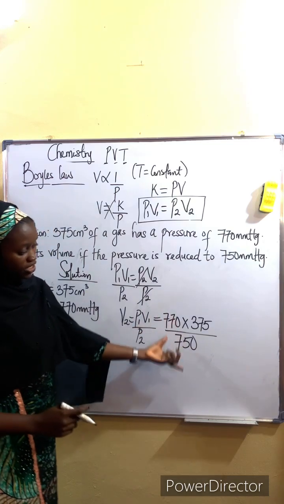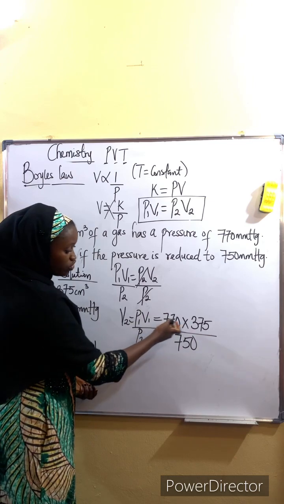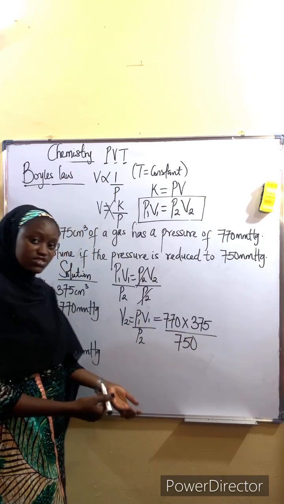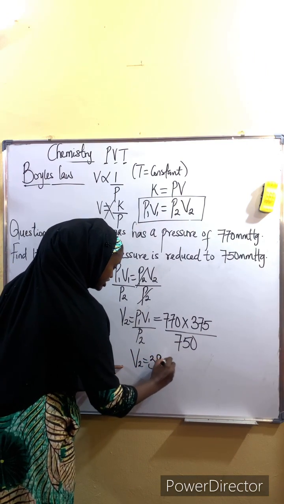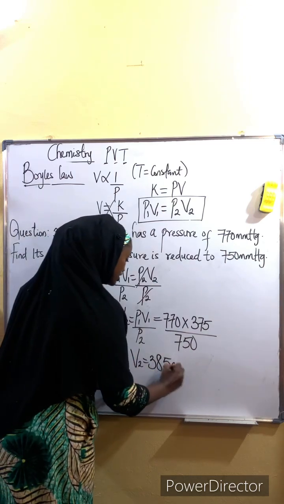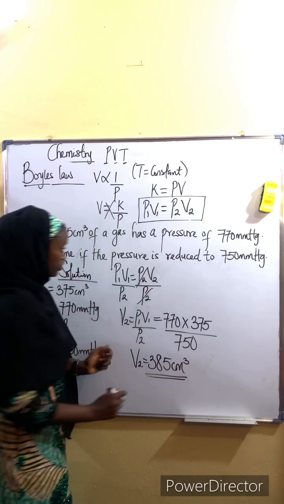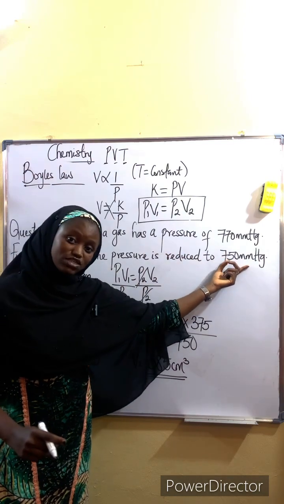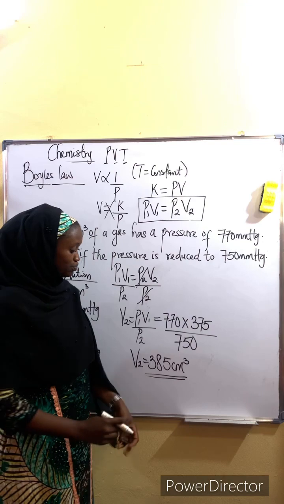When we punch our calculator, 770 times 375, the answer divided by 750 gives us V2 is equal to 385. And we know that the unit for volume is centimeter cube. So the volume V2, when the pressure is reduced to 750 millimeter mercury, is 385 centimeter cube.